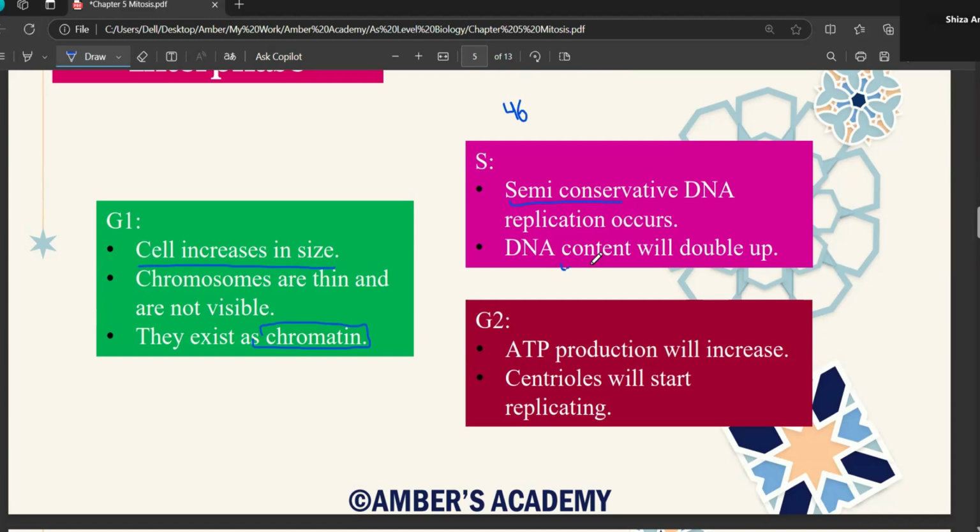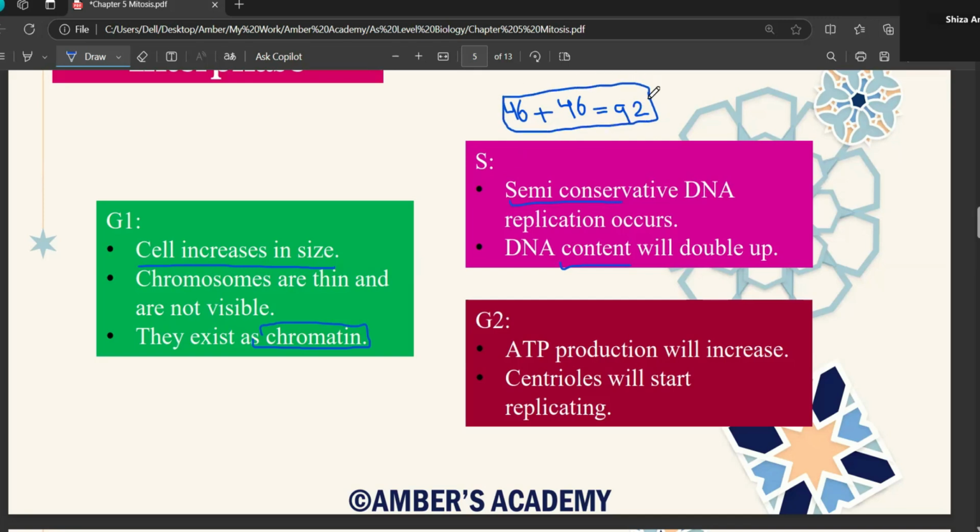What do I mean by DNA content doubling up? I mean to say if my cell has 46 chromosomes or 46 chromatin at this point, now in S phase it will start to replicate itself. That 46 will double up in S phase, which is 92. So at S phase, you'll see 92 chromosomes. And this calculation comes in your paper 1.